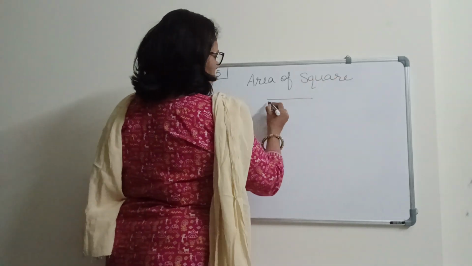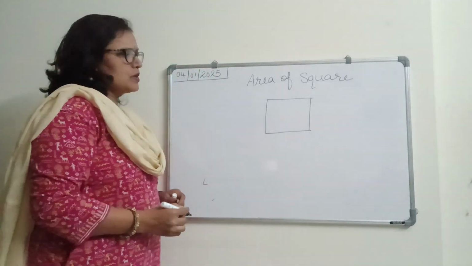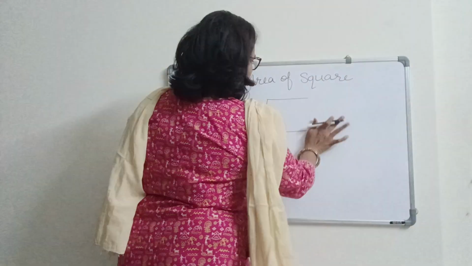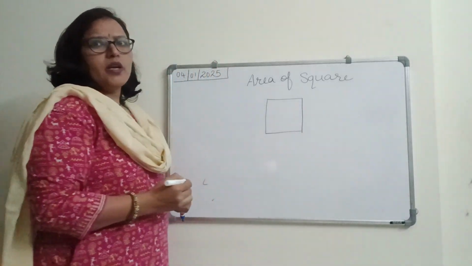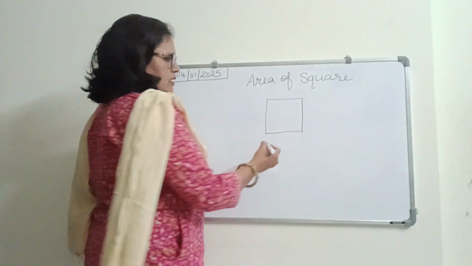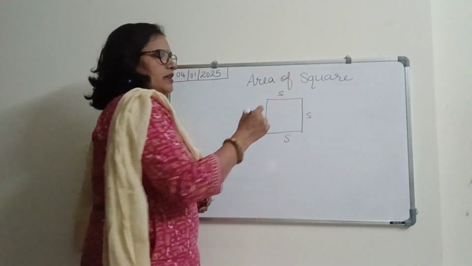Consider this is our square. What is a square? Whose all sides are equal. Suppose this is equal, this also, and this also.